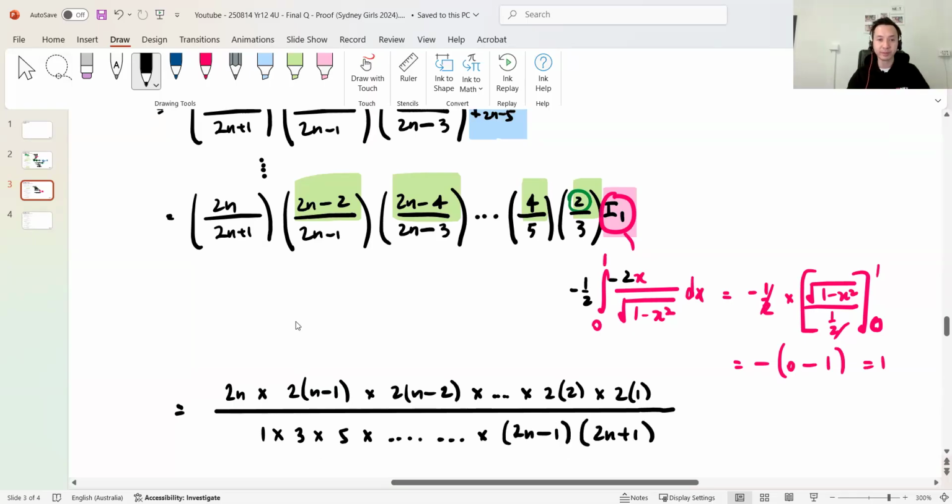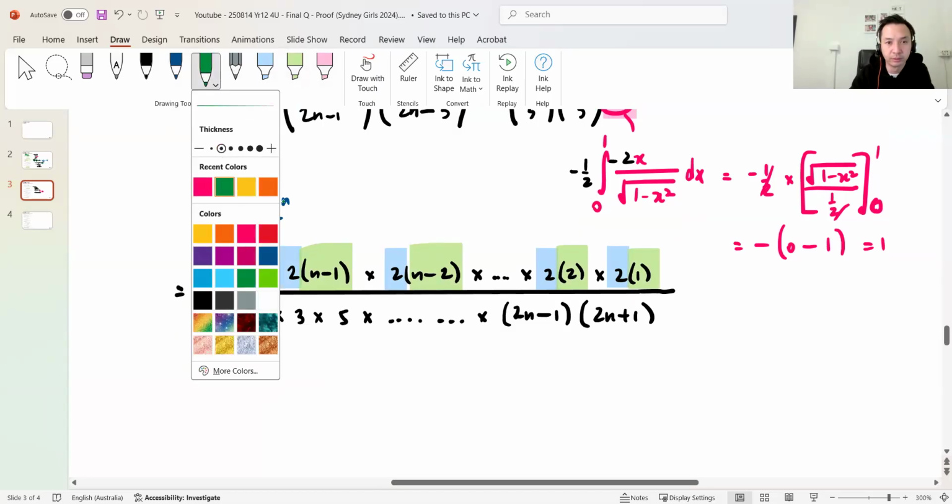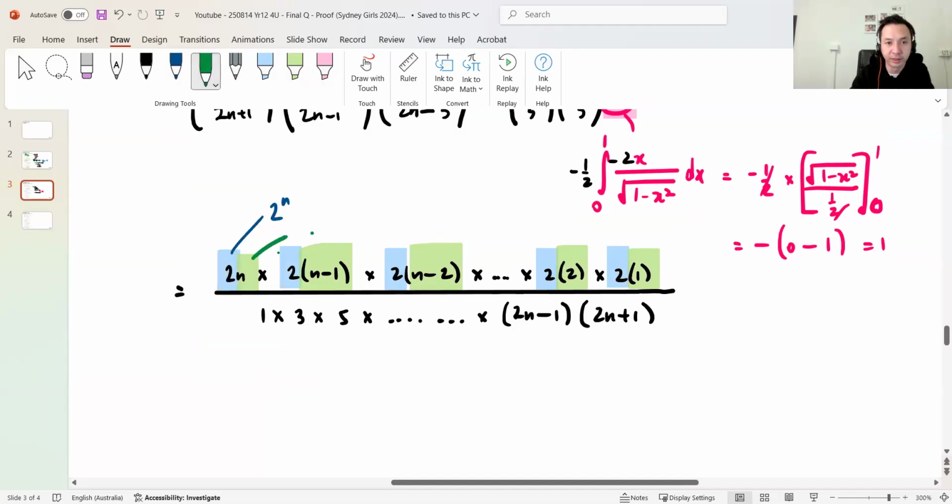Now you can see on the top, you've got 2 multiplied by itself n times. So these must be 2 to the power of n. And then you have n factorial there. You can see that's clear. So that's n factorial on top.